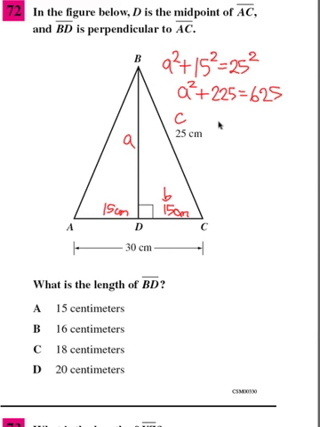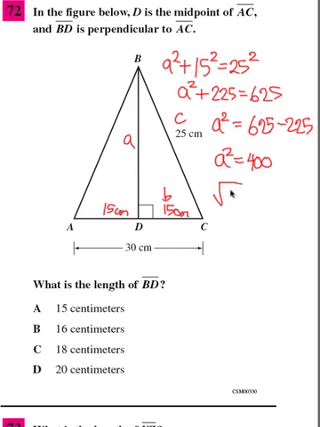So a squared is 625 minus 225. A squared is 400.